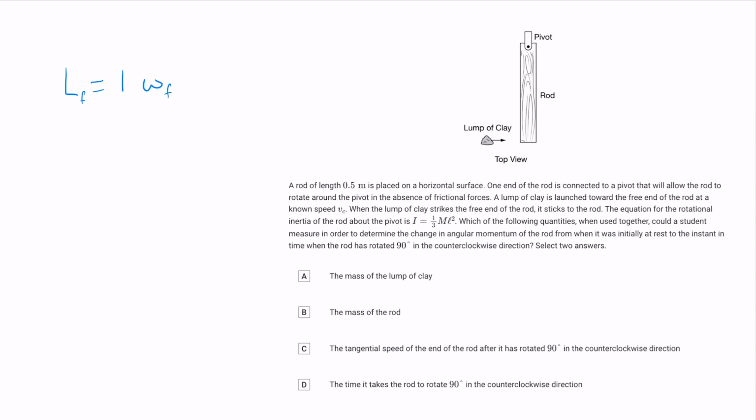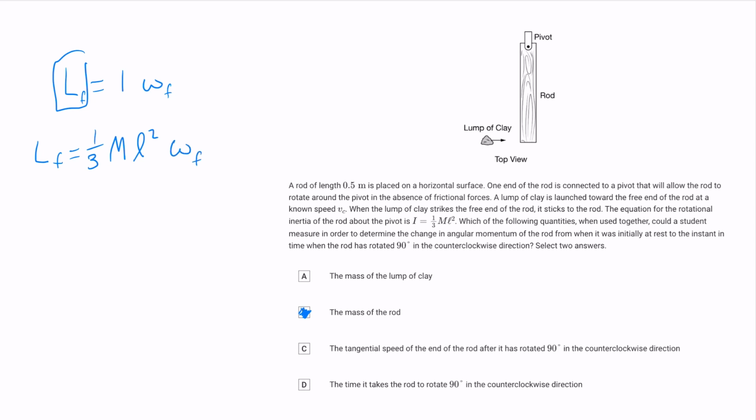But another thing we're definitely going to need is the mass of the rod, because in order to calculate this, we need to plug in the mass of the rod for our expression for moment of inertia, which is 1/3 ML squared. We know the length of the rod is 0.5, so we don't need that, but we do need the mass of the rod in order to fully calculate this. And we'd be multiplying all this by the final velocity.